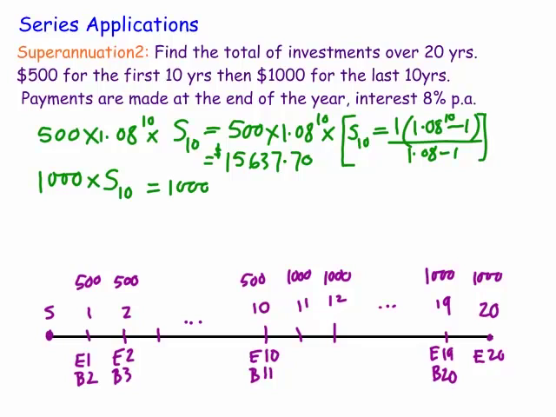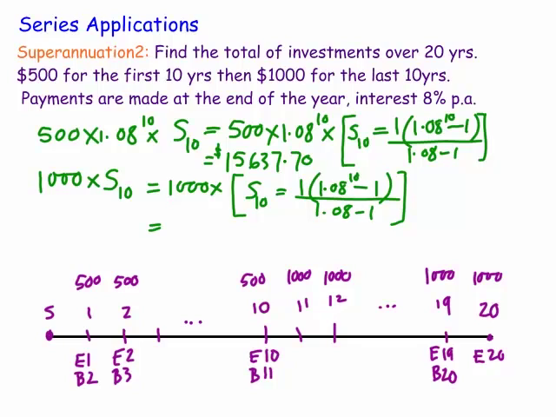Now the $1,000: that's 1,000 times the sum of 10 terms. The first term again is 1, so it's 1.08 to the power 10 minus 1, on 1.08 minus 1. This is $14,486.56.